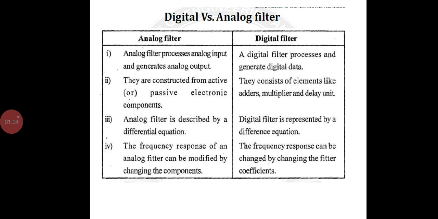Analog filters are described by the differential equation. Digital filters are represented by the difference equation. The frequency response of an analog filter can be modified by changing the components, but in the case of a digital filter, the frequency response can be changed by changing the filter coefficients.